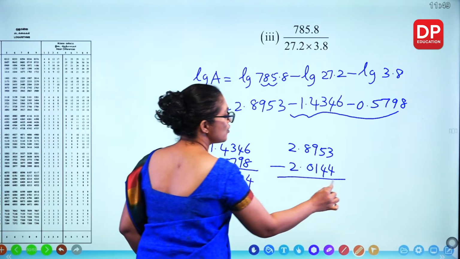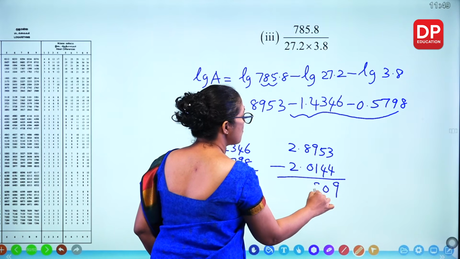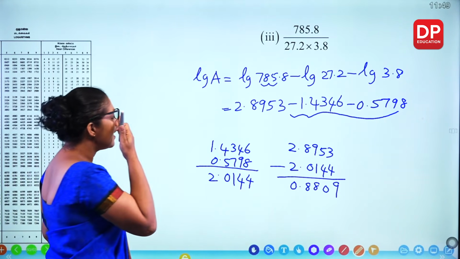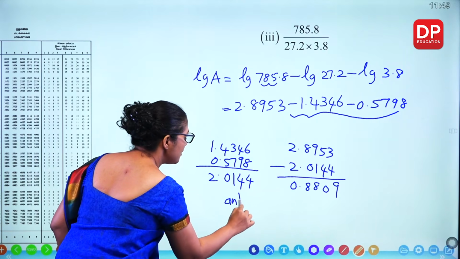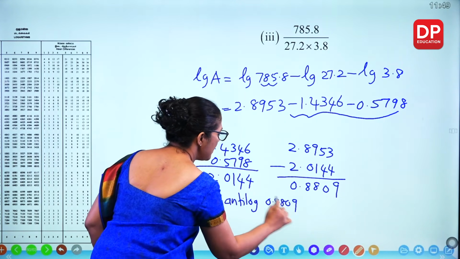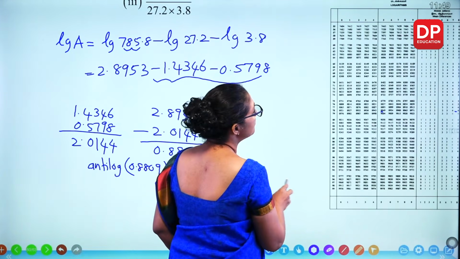When you subtract, you get 0.8809 and take the antilog value of 0.8809. 8809.